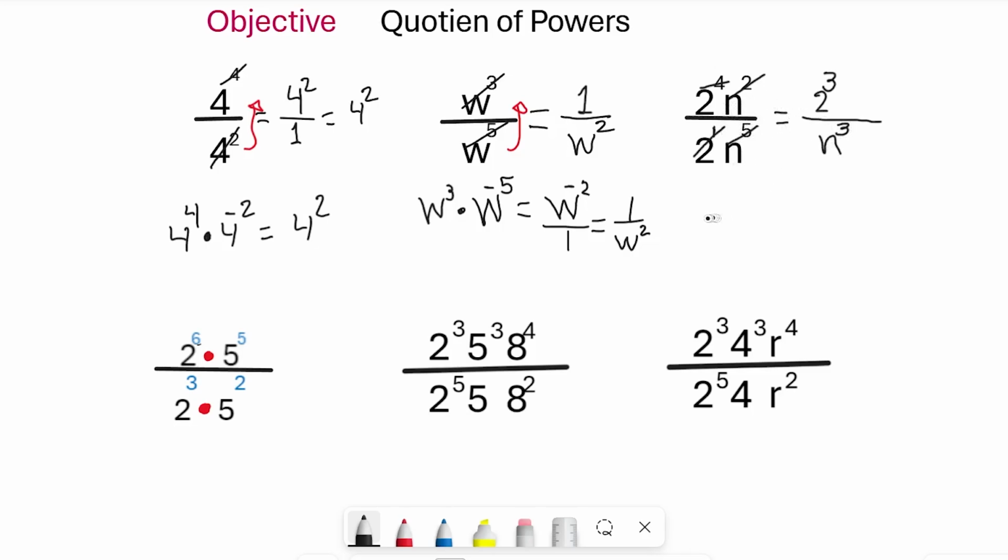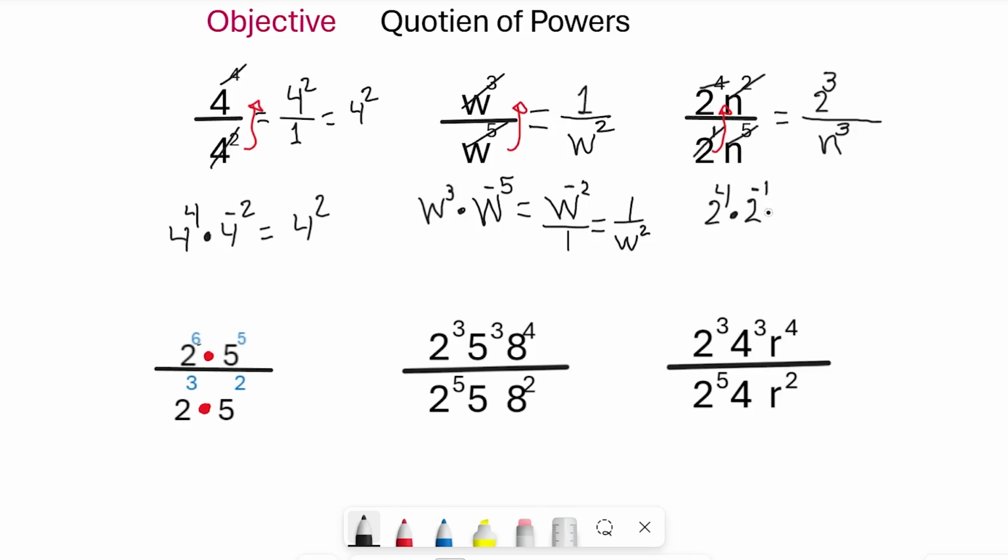On the other hand, if you do it just like the book wants you to do it, so you have 2 to the fourth power, then you're gonna bring this one up, and that's how you're gonna end up with times. It used to be dividing, now it's gonna be multiplying. You end up with 2 to the negative first power.